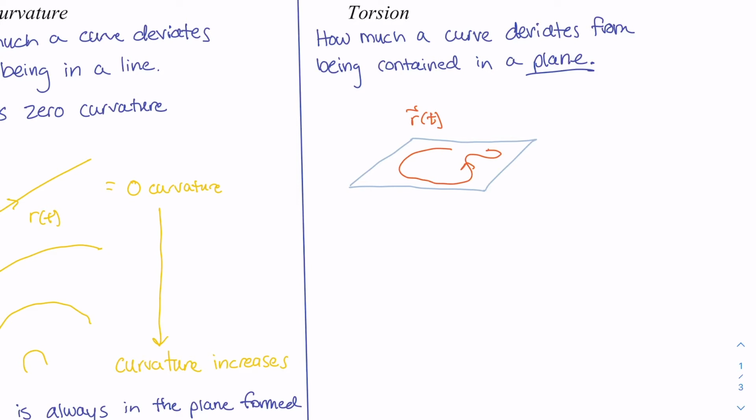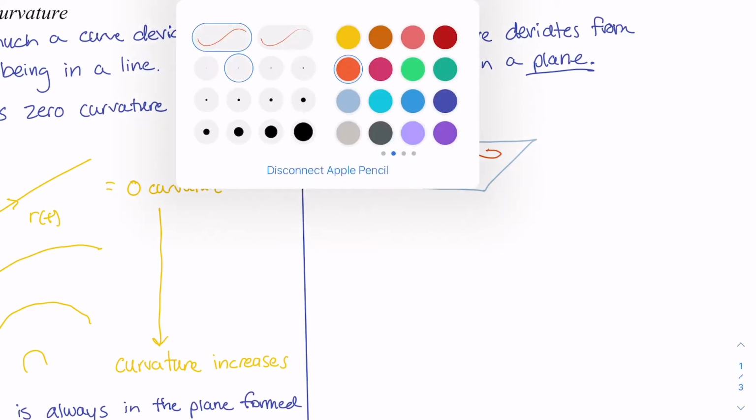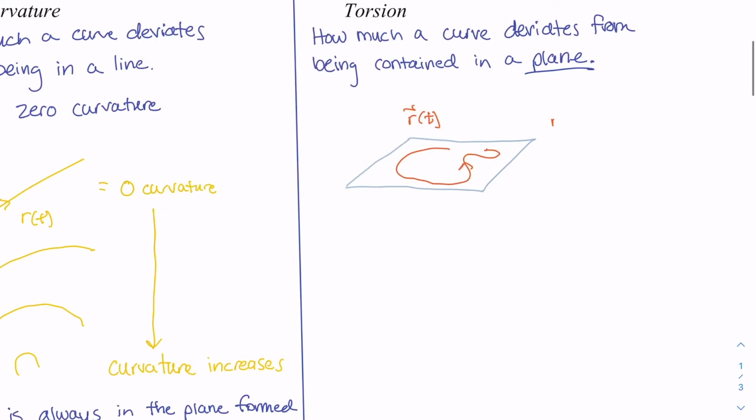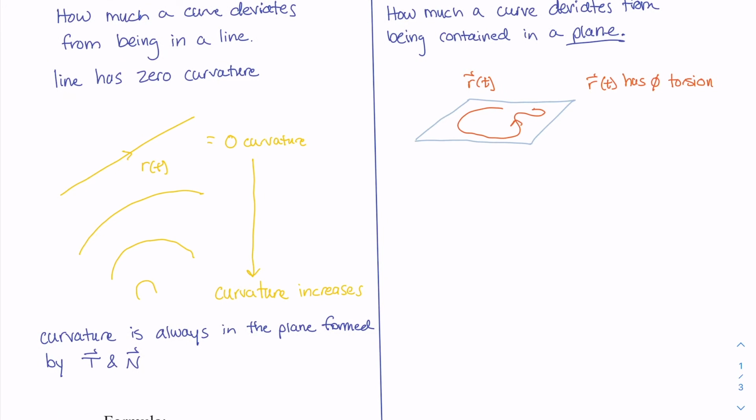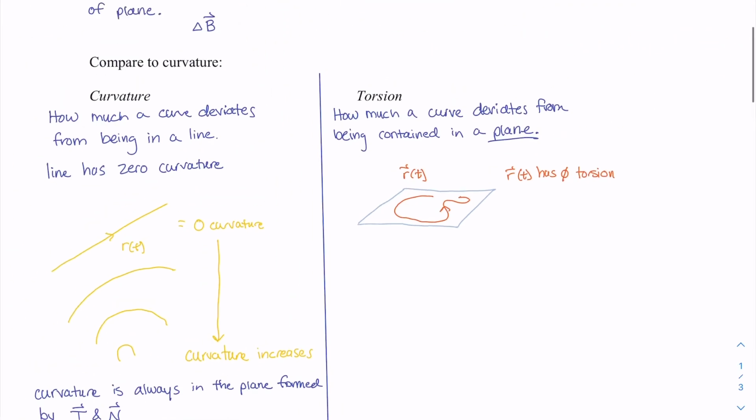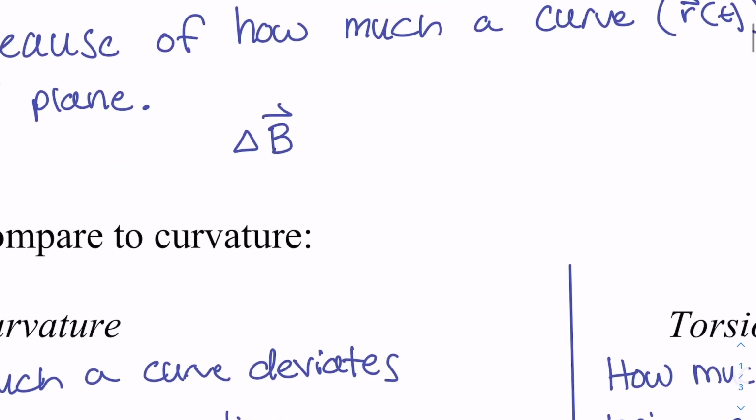So in this example, R of t would have 0 torsion, just like a curve that doesn't stray from being in a straight line has zero curvature. This analogy, or another way of thinking about it as the change in the b vector, holds true for this example as well.